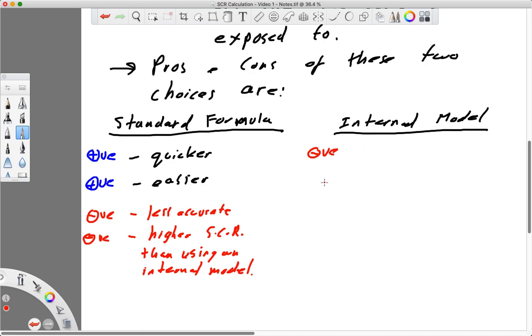So it's slower. Let's just keep the colours consistent. So a negative is that it's slower. Another negative of the internal model is that it's more expensive, so you need to employ a lot of actuaries to work it out and have a good think about what they want to do. There's a lot more complexity here.